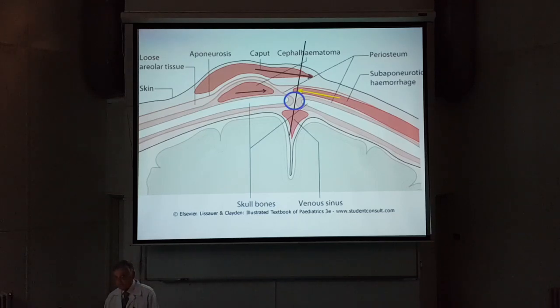In this case, as pressure increases, the hematoma is going to dissect its way from being extracranial, gradually becoming intracranial. Intracranial hematoma is going to press on the brain, and it is a very serious problem. It needs immediate attention.